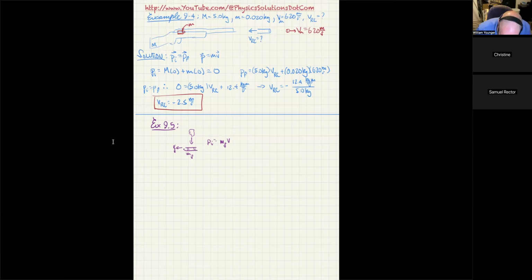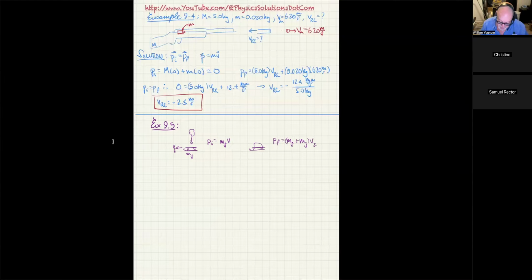Then, after Jeannie lands on the sled, the momentum after this would be the mass of the sled plus the mass of Jeannie times the new velocity of the system. I'm just going to call that V2.